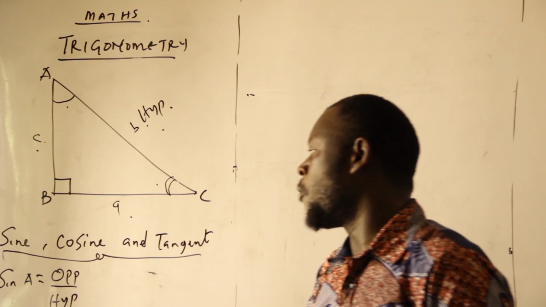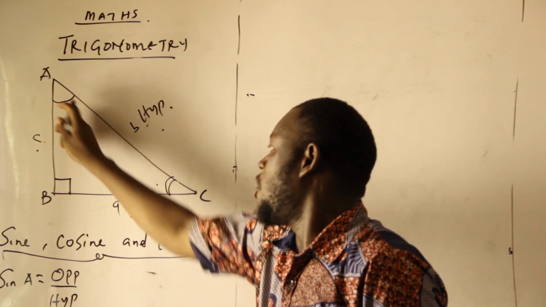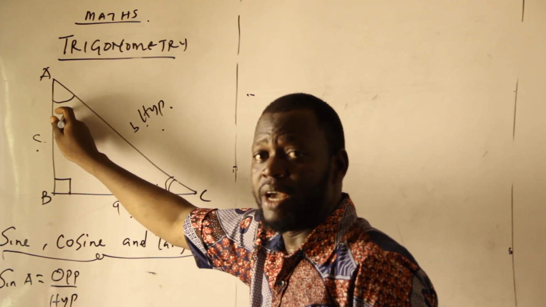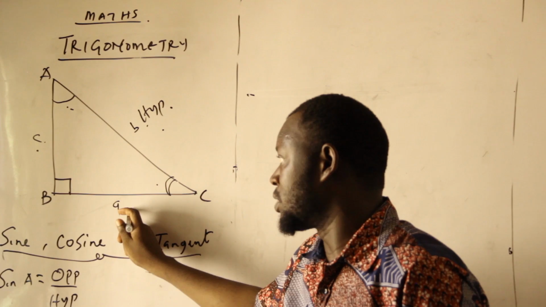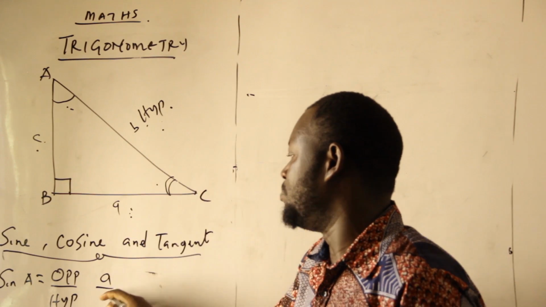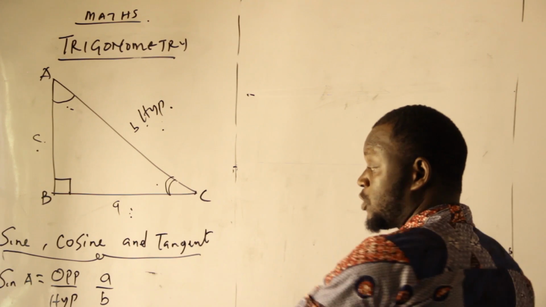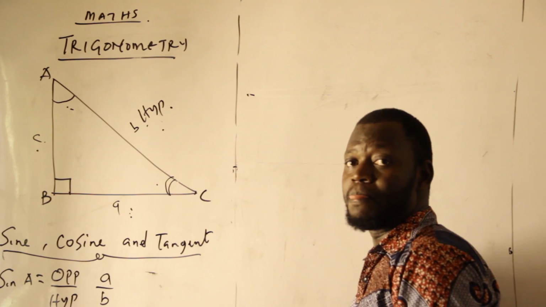Please note this, opposite over hypotenuse. If this is the angle A, then this will be its opposite, that is a, and your hypotenuse is b. So sine A from this picture is equal to a over b.